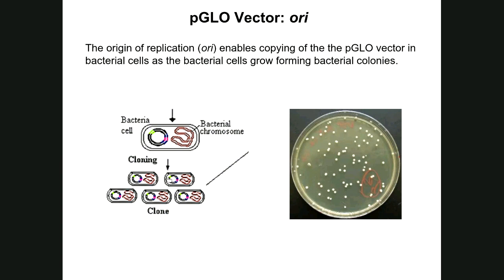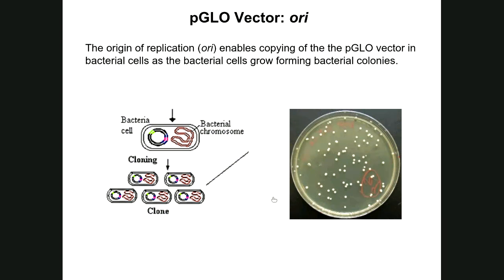And if you recall, as I said last class, each individual bacterial cell that you successfully transform by inserting your pGlo vector will eventually divide into a large number of identical cells, or clones.